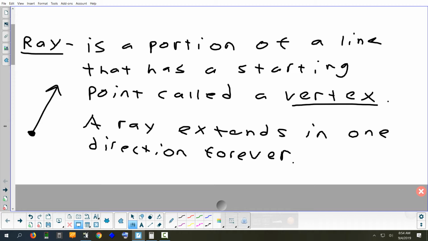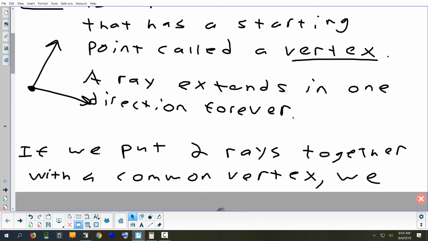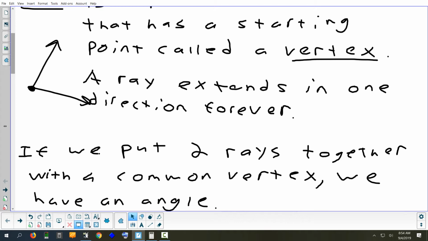Now, if we take another ray and make it so that the starting points are the same, now you just made an angle. Okay? And that's the next part. So if you take two rays, put them together with a common vertex, just like I did up above, now you've created an angle.